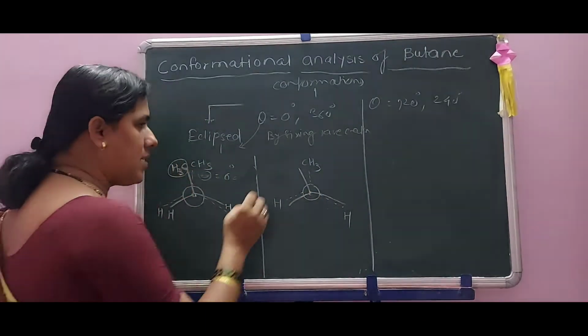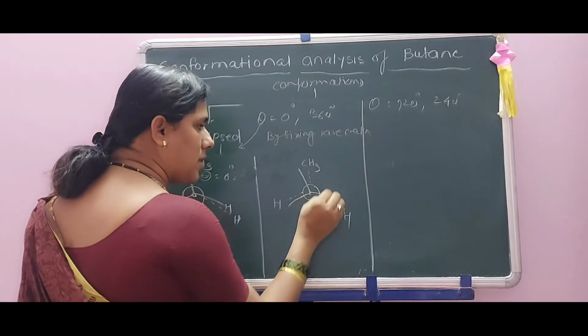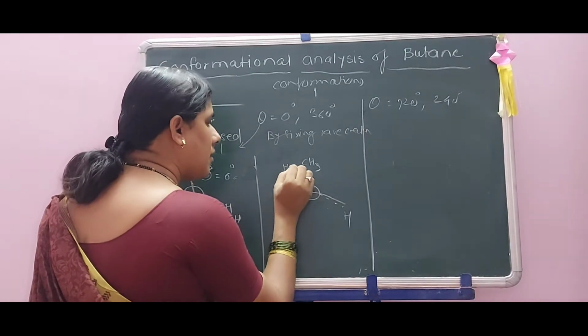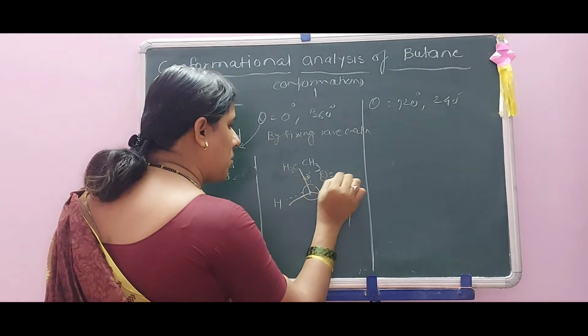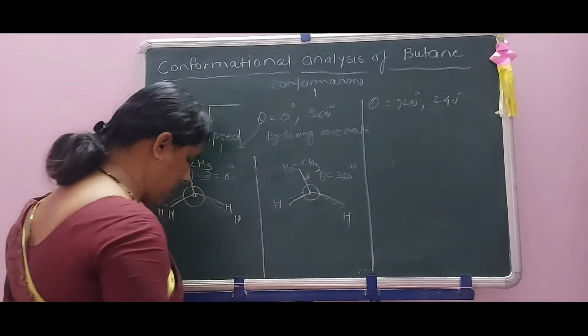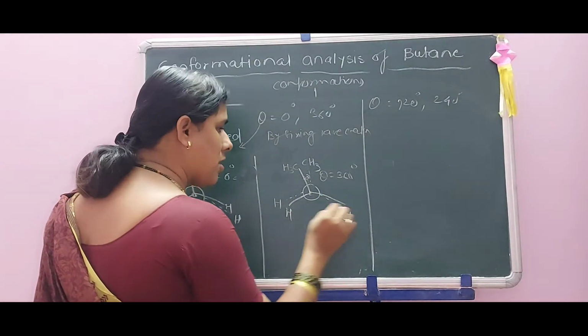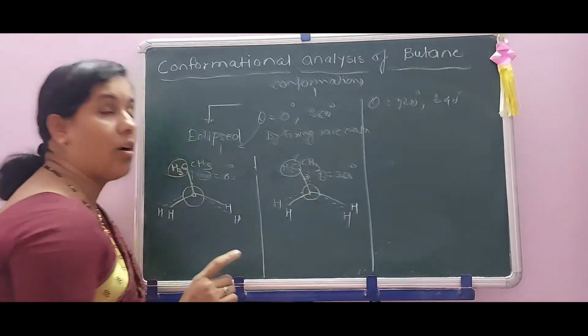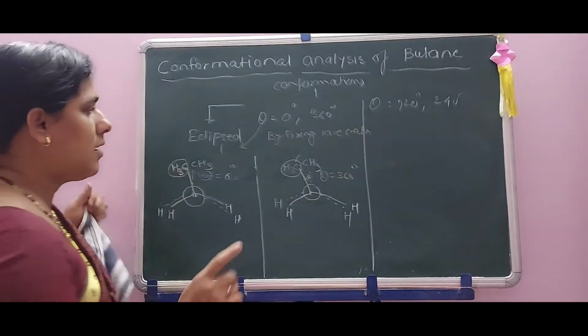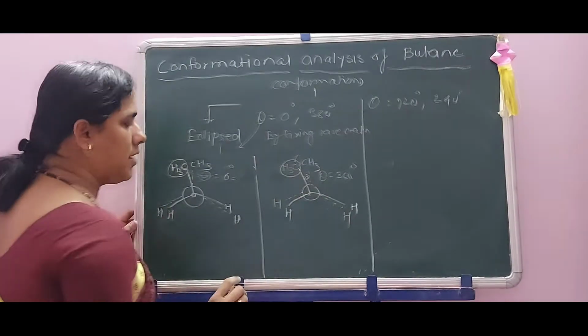Likewise here also, theta is equal to 360 degrees. This is H, this is also H. Now this H and this CH3 are eclipsed at theta equal to 360 degrees.